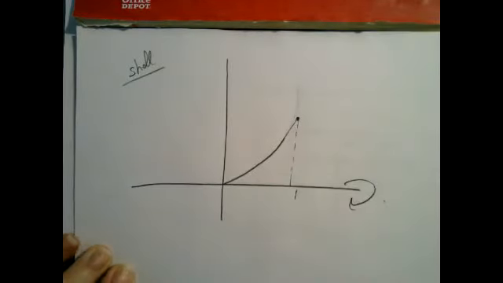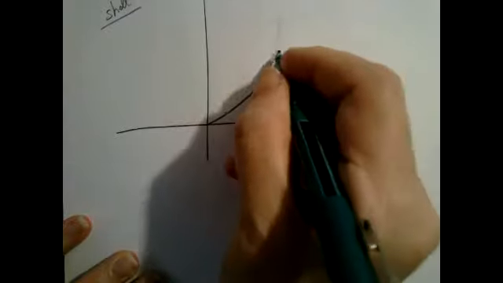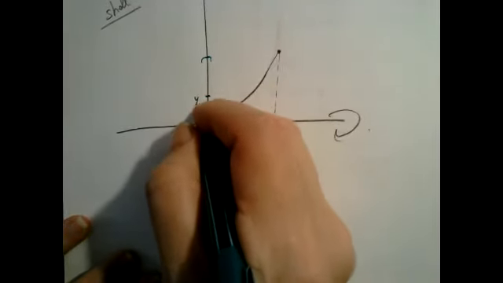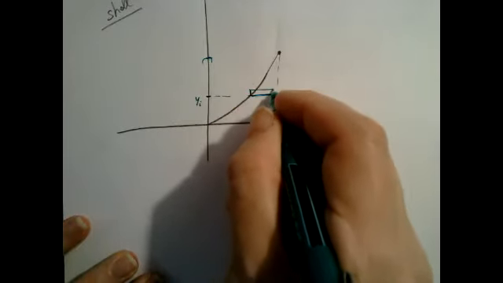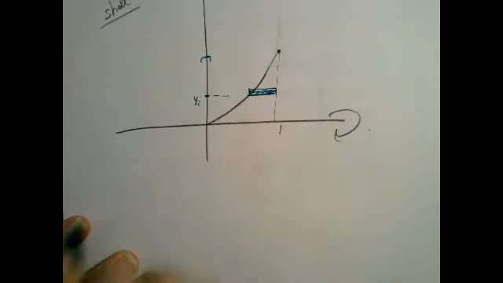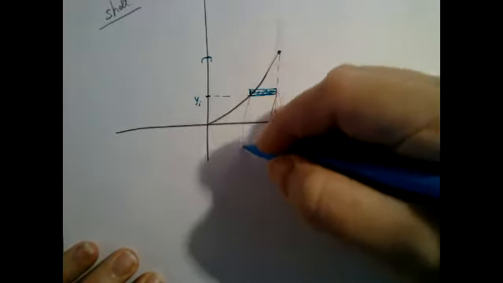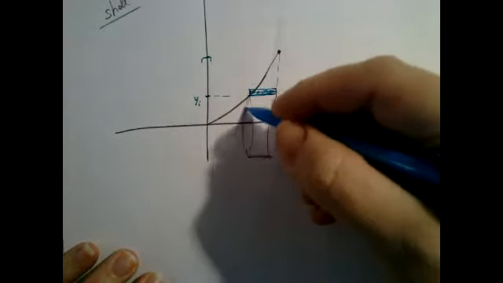The shell, it means I need to take those slices which are parallel to the axis of rotation. So immediately now, y is becoming my variable. And I'm going to take the slice. Okay, that's my slice. And when I rotate this slice only about the x-axis, so there is not much into it, I'm going to get my shell.